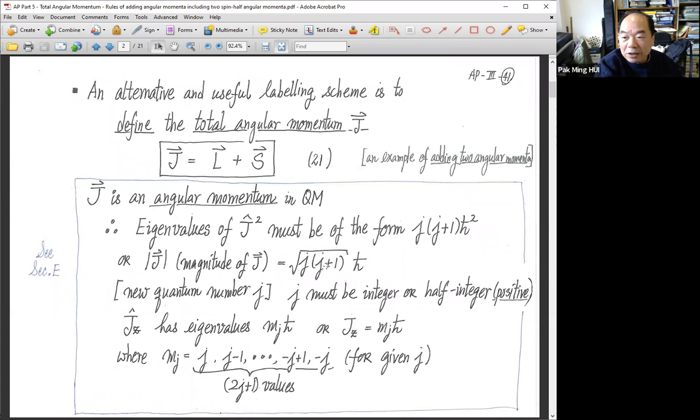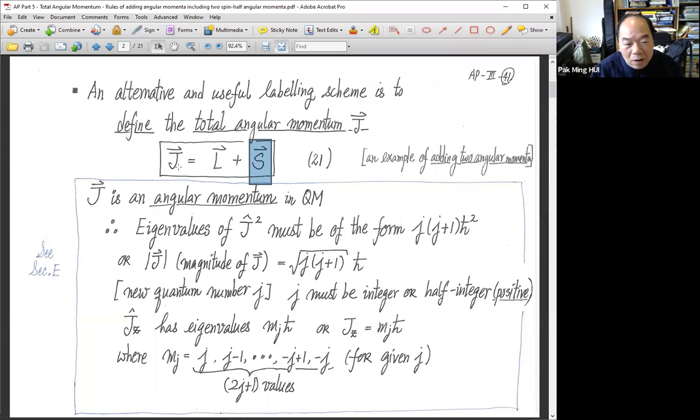We can define a total, I call it J equals L plus S. But now we realize that 6 commutation relations are satisfied by L, and other 6 commutation relations are satisfied by S, and you add them up.